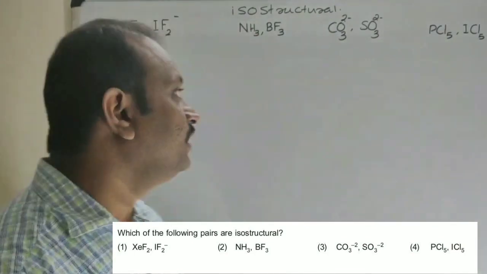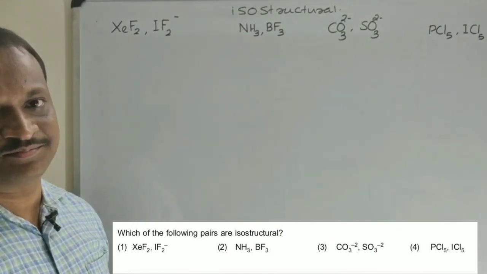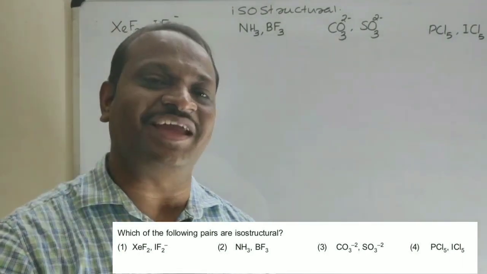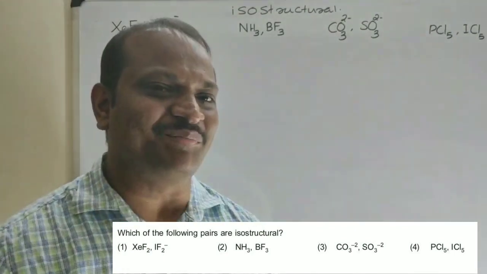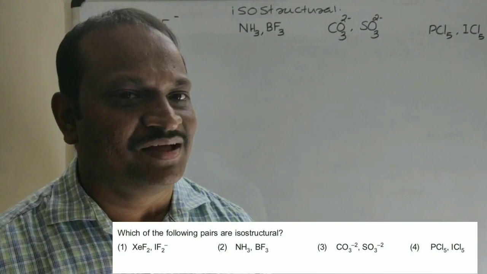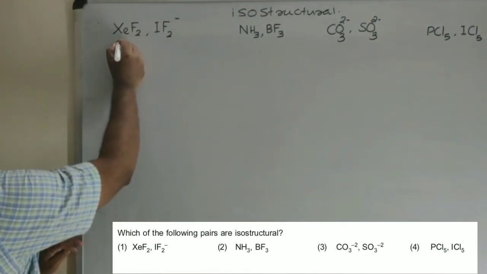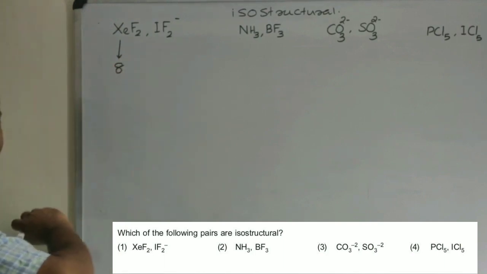See, you have XeF2 and IF2 minus. You can see one speciality: in both cases, you have two fluorine atoms, which means the same number of electrons from the fluorine atoms. Now let's check the other species. Here we have xenon. How many electrons are there? 8.